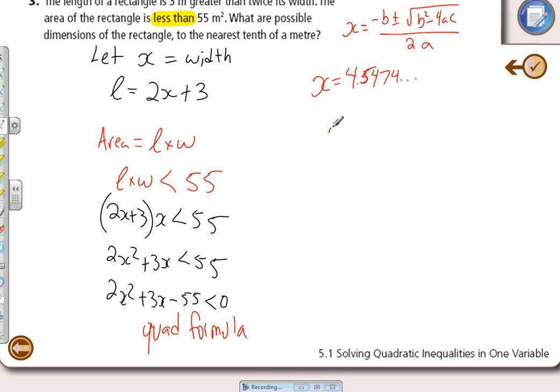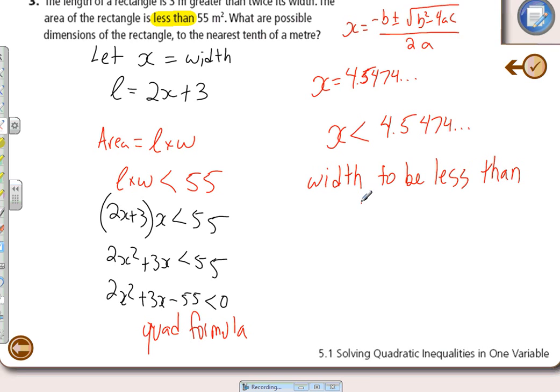So we know that the x has to be less than 4.5. Really 4.5474 all the way along. So we want a width to be less than approximately 4.5 meters.